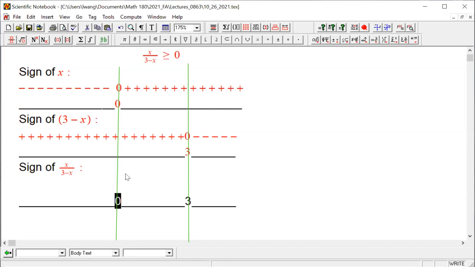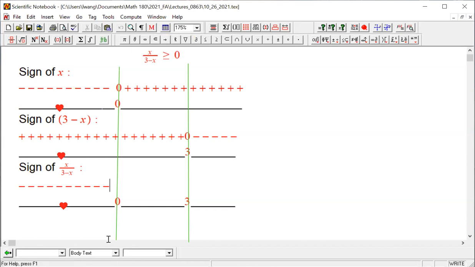At 0, at 3. When x is chosen to be less than 0, we plug in. We're doing negative divided by positive. Negative divided by positive, what do we get? We get negative, right?